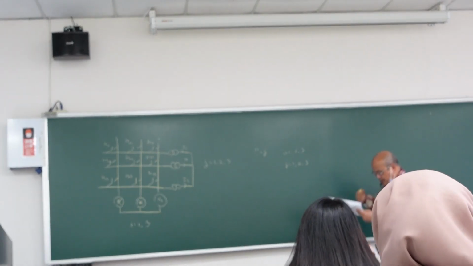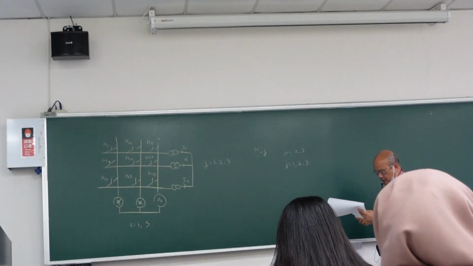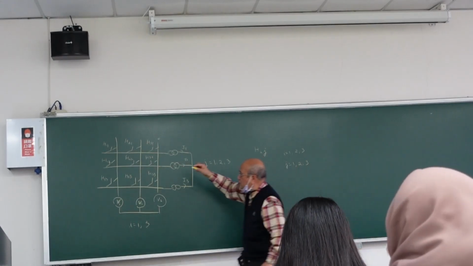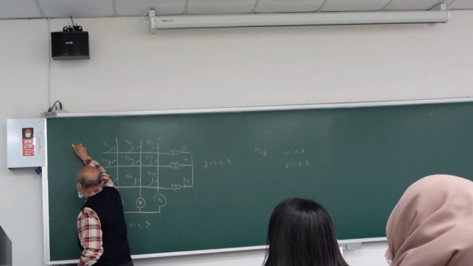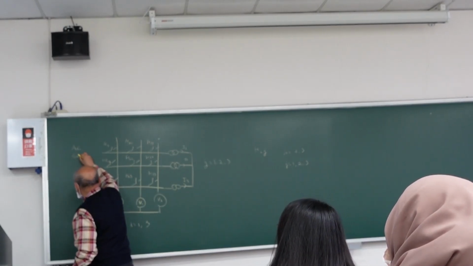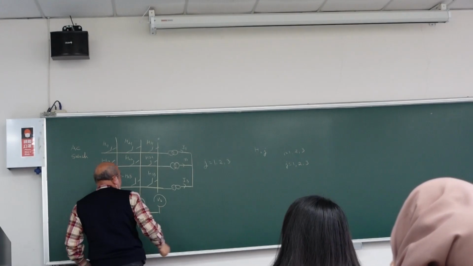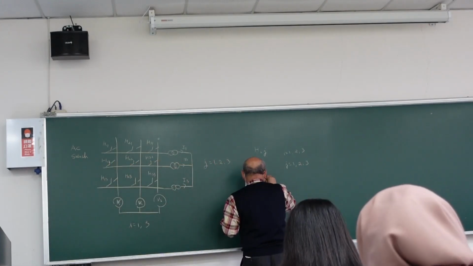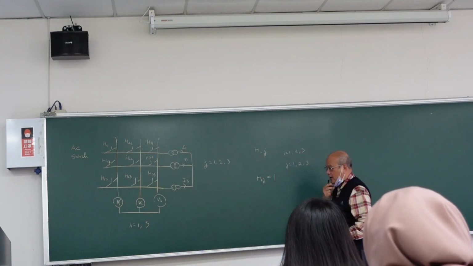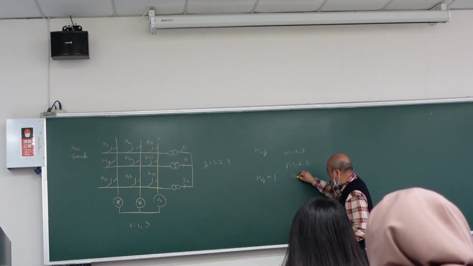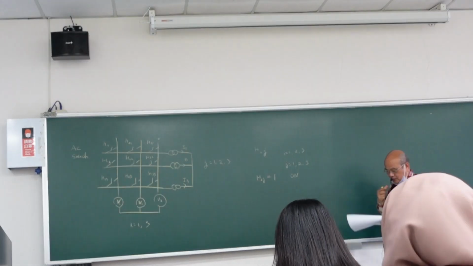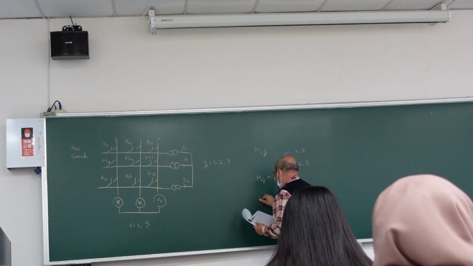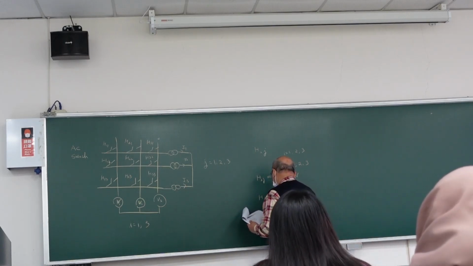So how many states can we have for each switch? So this is an AC switch. We call this an AC switch. So how many states? The AC switch could be 1. What is 1? 1 means on. If turned on, then the Hij is 1. If it is turned off, then it is 0.